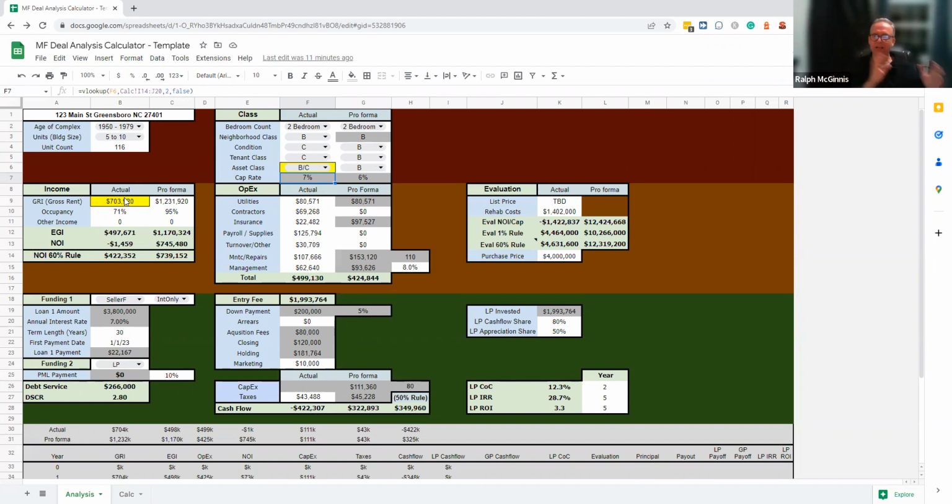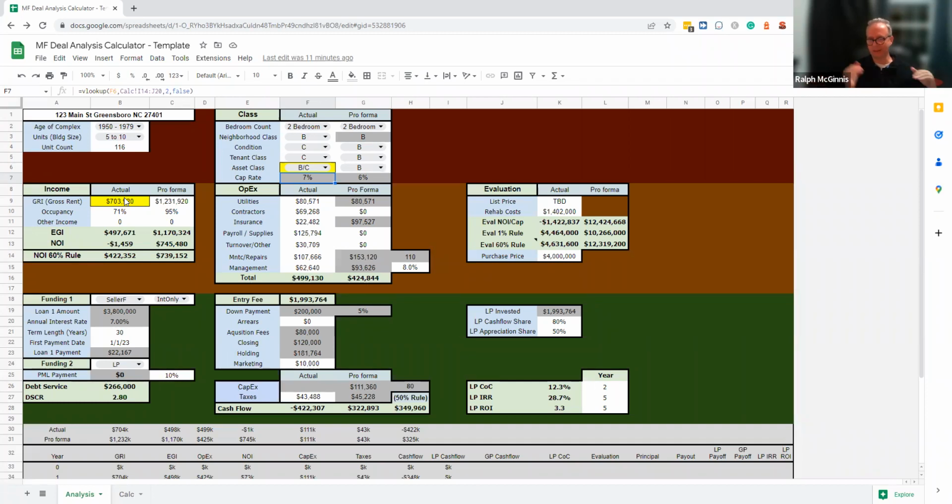So you'll see A class a lot of times will be a cap 4, B class cap 6, C class cap 8, and a D class, which is like slumlord properties, would be like a cap 10.